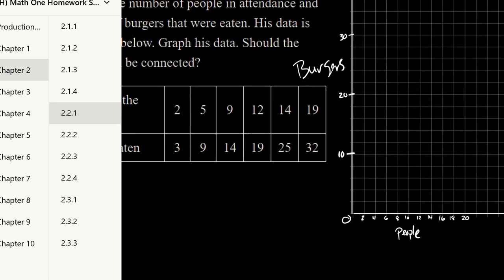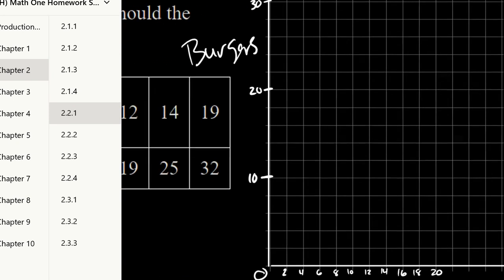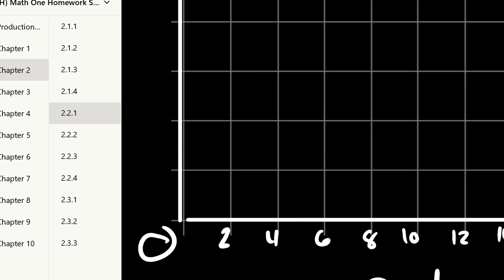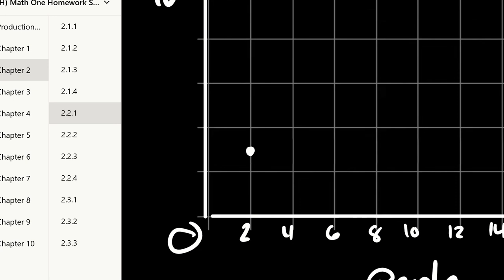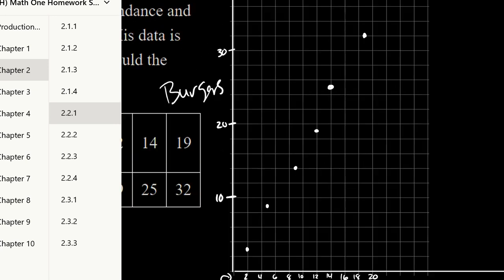So I'm going to plot these points. The first one is 2 people and 3 burgers. That's pretty easy, right? Here's 2 people, and that would be 2 burgers, but I have 3 burgers. So there's my very first data point. Let me plot the rest of those.